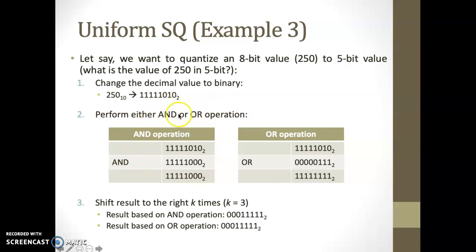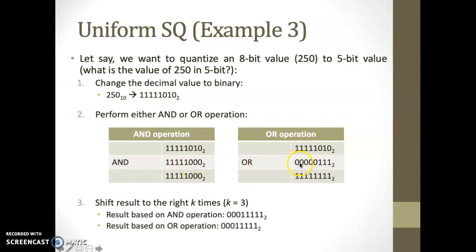First, you have to identify the mask for AND and OR. Since 8 bits is reduced to 5, you will remove 3 bits, so your mask will be shifted to the left 3 times, which is 11111000.